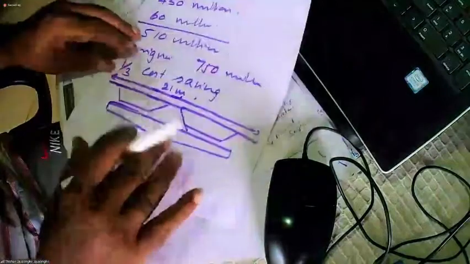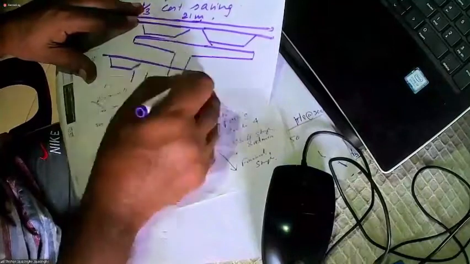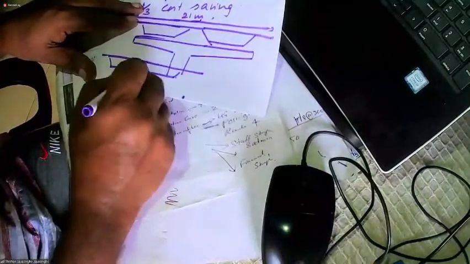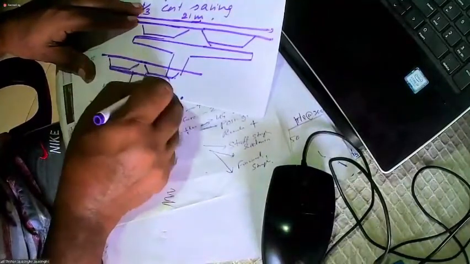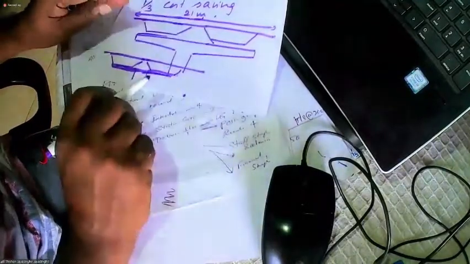So this is more advanced design because it's for the continuous structure. So it is monolithic, so you get this constructed as monolithic system here. So pier and all constructed like that.